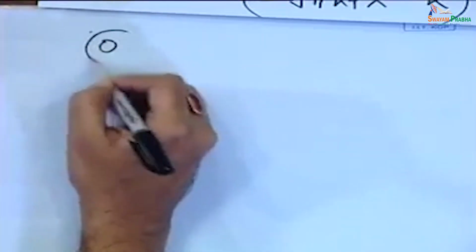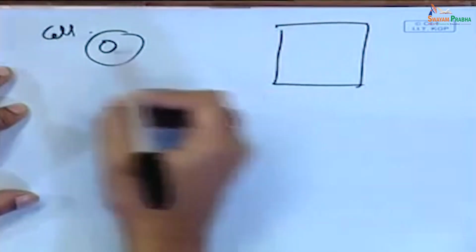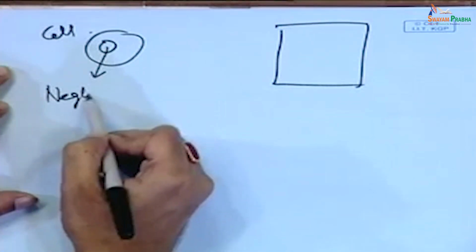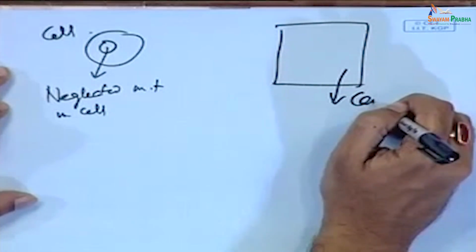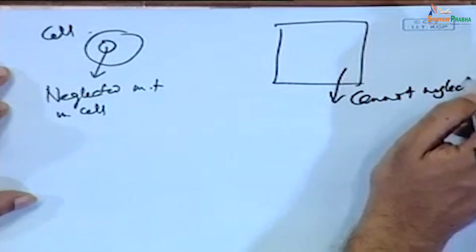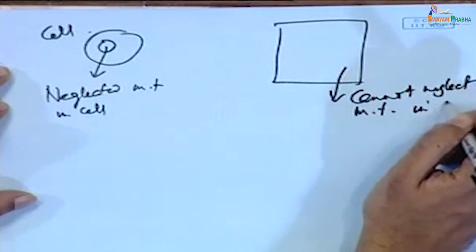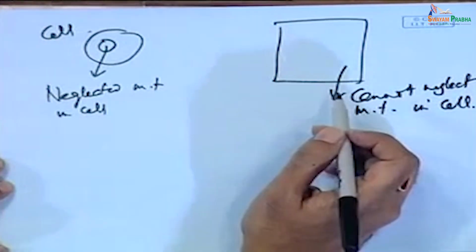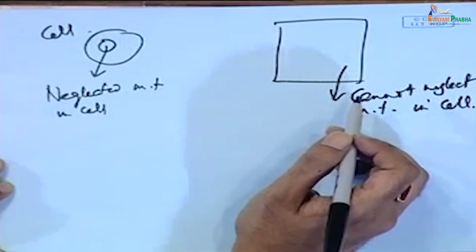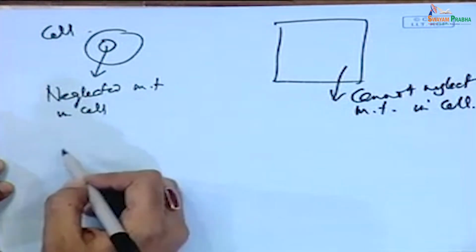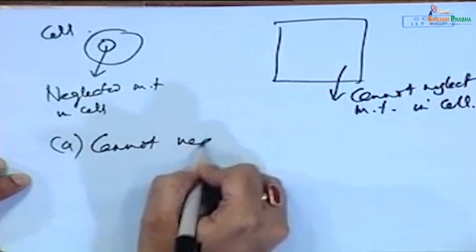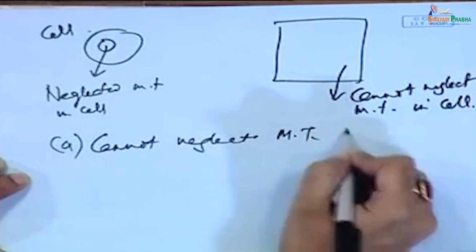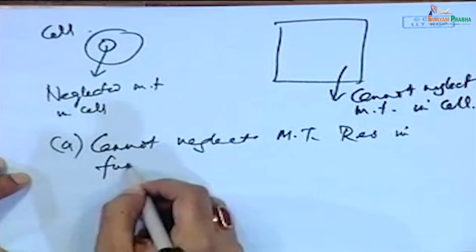So in the fungal model, we neglected MT in cell, but we cannot neglect MT here, because the length scales are much larger, so the diffusional gradients are going to be much larger. A, we cannot neglect mass transfer resistance in the fungal pellet.